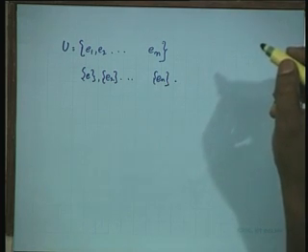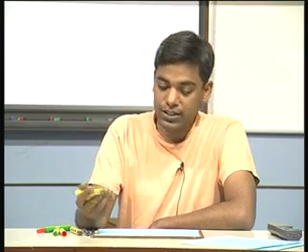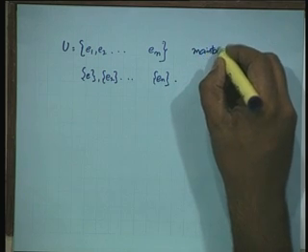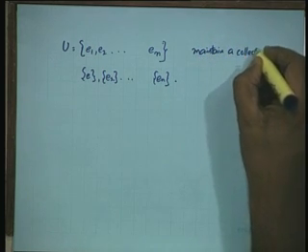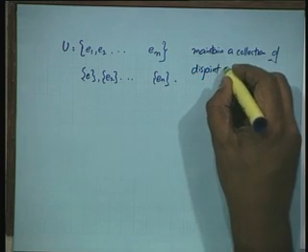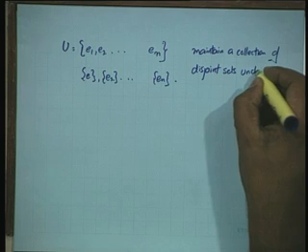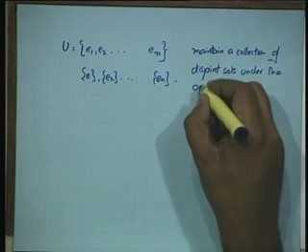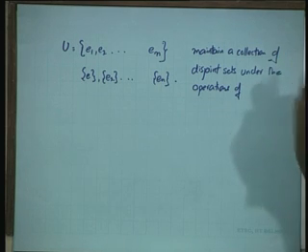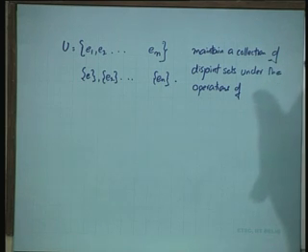This is a collection of disjoint sets that I have. At each stage I am going to have a collection of disjoint sets. What we are trying to do is to maintain a collection of disjoint sets under the operations of, let us see what operations we are going to be doing on these disjoint sets.